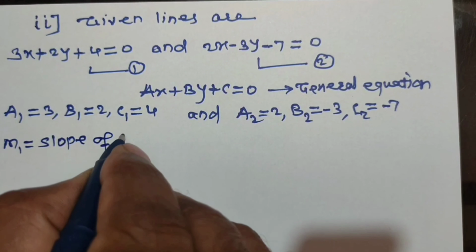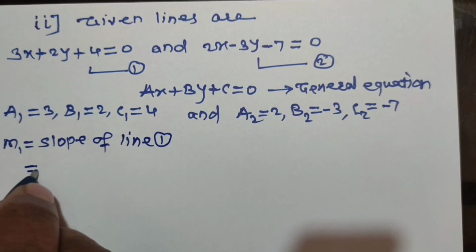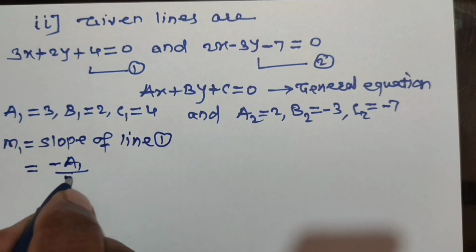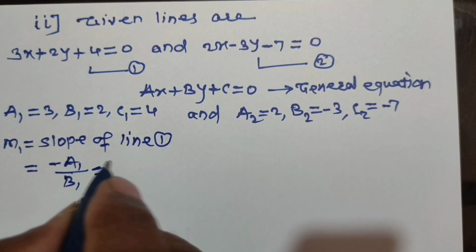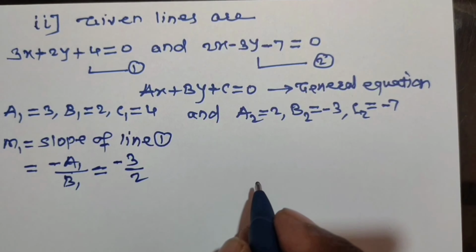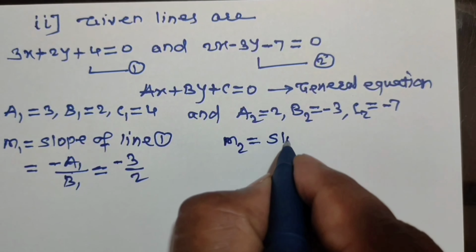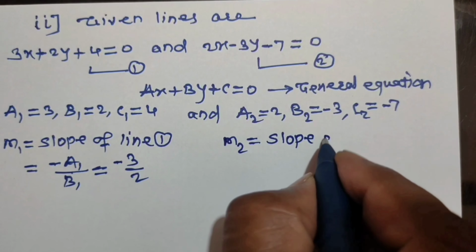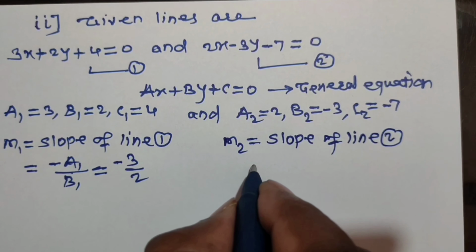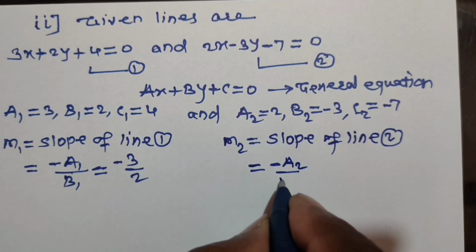And you know slope of straight line 1, m1 is equal to minus a1 upon b1. Put the values of a1 and b1. Hence m1 is equal to minus 3 divided by 2. Similar to this, m2 is equal to slope of straight line 2, which is given by minus a2 divided by b2.